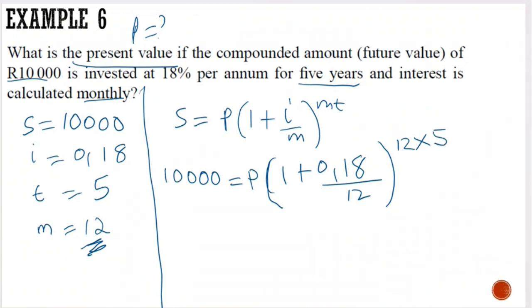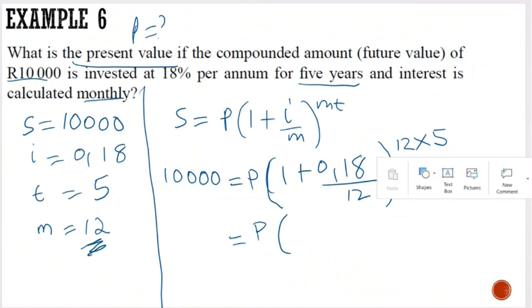So what is left here is just to simplify whatever is inside. You've got 0,18 divided by 12, plus 1.